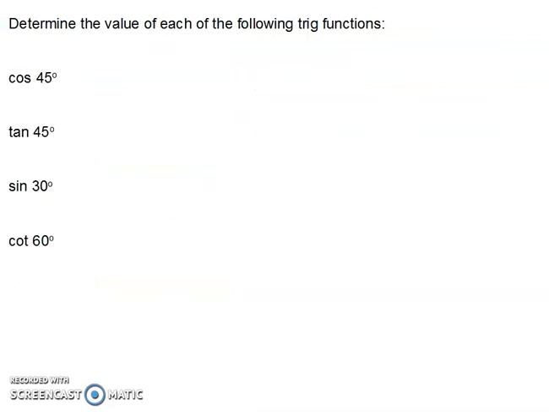So now let's talk about some specific values. So the cosine of 45 degrees is always going to relate the adjacent to the hypotenuse of a 45, 45, 90 degree triangle, and it will be constant no matter how large or small your triangle is. So for example, I can have a 45, 45, 90 triangle that is about this size, or I can have a 45, 45, 90 triangle that is much larger.